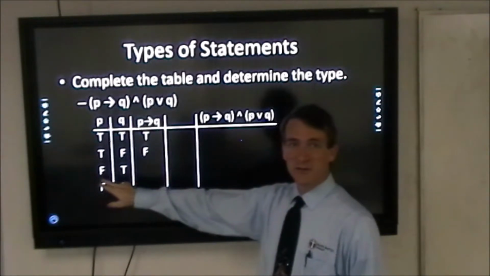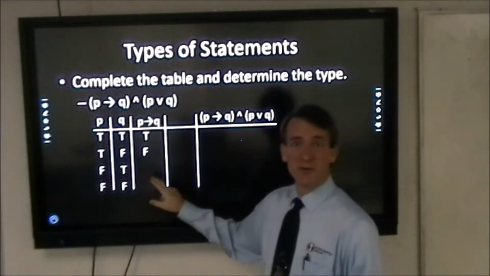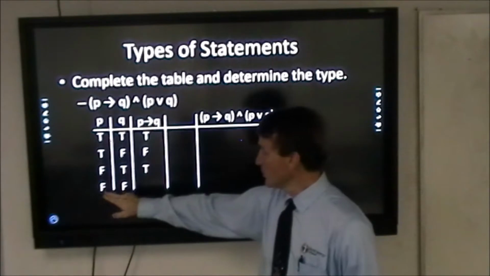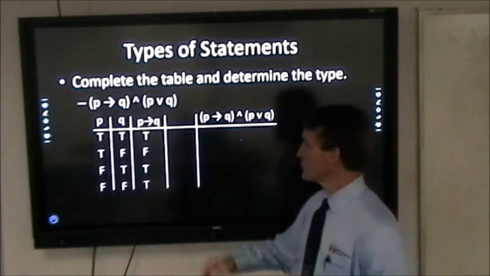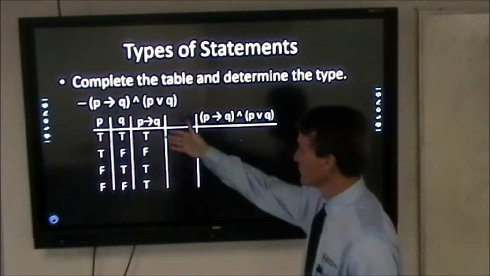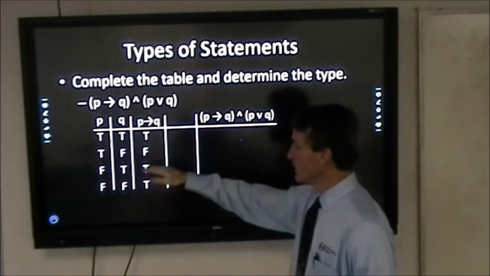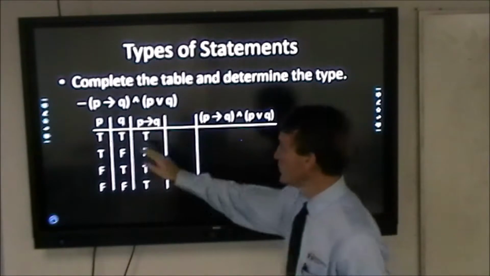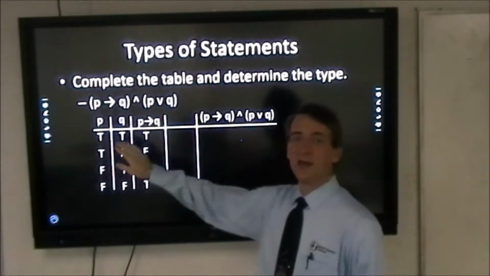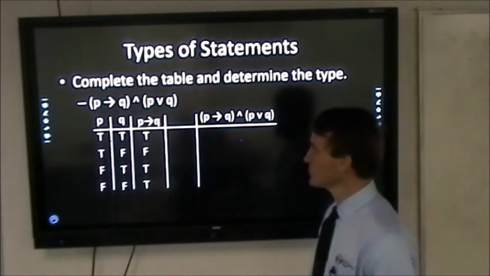Here, I did not empty the dishwasher but they gave me ice cream, but that's okay. And over here, I did not empty the dishwasher, they did not give me ice cream, and so they told the truth there. So for that column, it's true, false, true, true. Again, the only time an if-then statement is going to be false is when the first statement is true and the then statement is false.